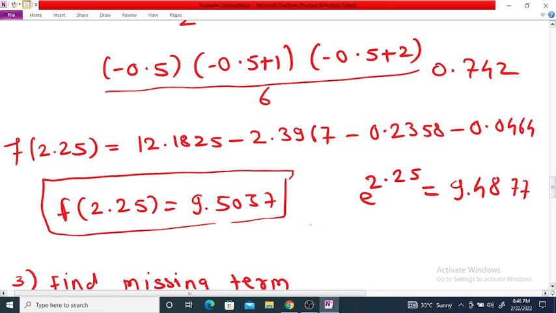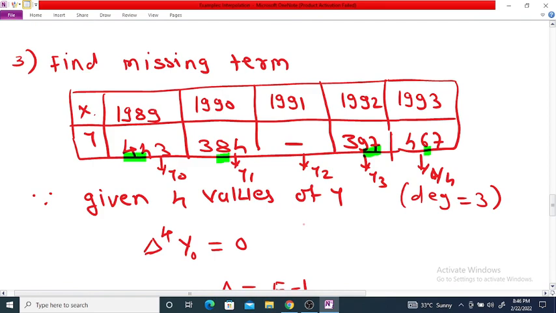So there is an error between the exact value and the calculated value. You just find the difference between them, which is the comparison between the actual value and the approximate value.